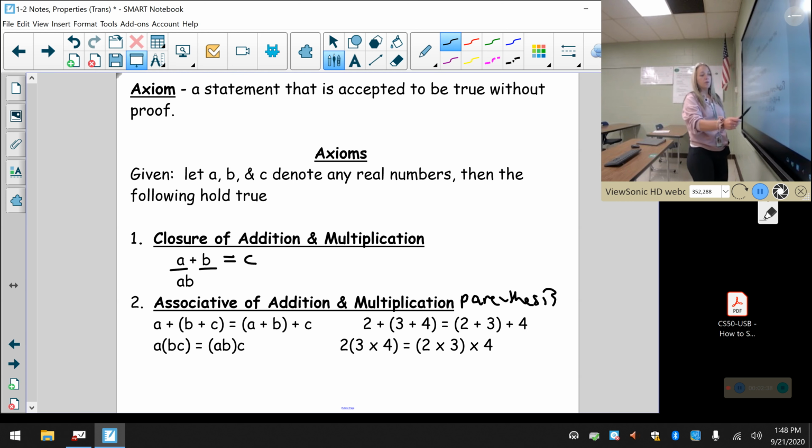So, for example, 2 plus 3 plus 4, if I add 3 and 4 and get 7 and then add 2, which gives me 9, it's the same thing as adding 2 plus 3 first and then adding 4. 2 plus 3 is 5, 5 plus 4 is 9. So we get the same answer both ways.